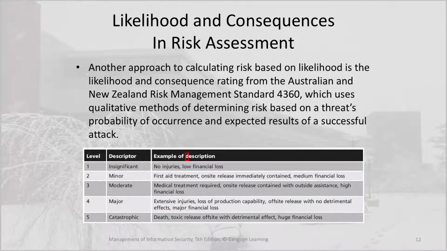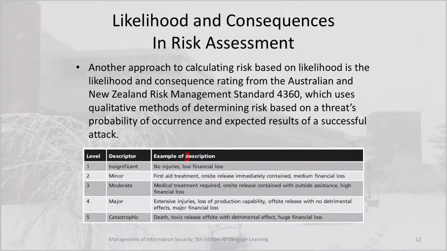Another approach to calculating risk based on likelihood is the likelihood and consequence rating from the Australian and New Zealand Risk Management Standard 4360, which uses qualitative methods of determining risk based on a threat's probability of occurrence and expected results of a successful attack.